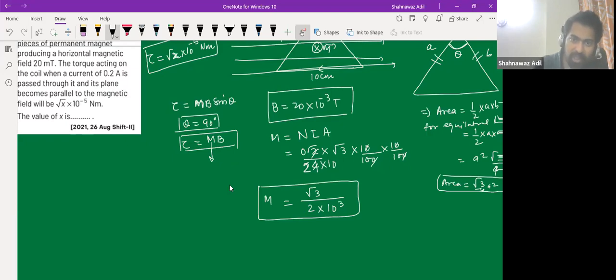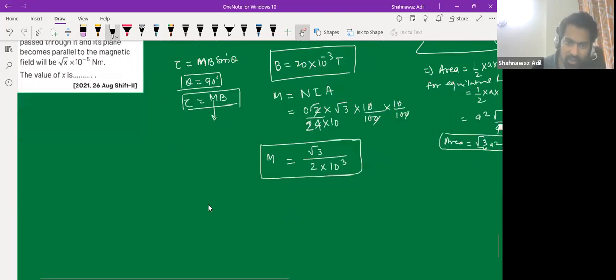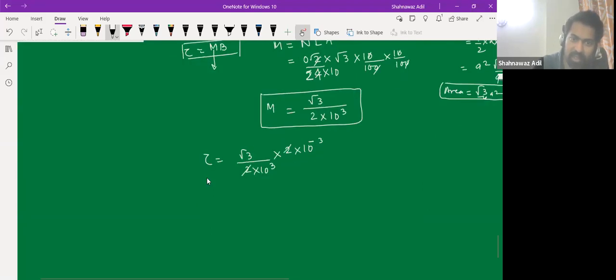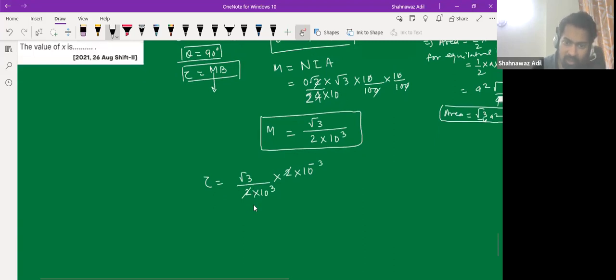If we put this value in here, what will we get? We'll get root 3 divided by 2 into 10 to the power 3 into 2 into 10 to the power minus 3, right? So this 2 and this 2 will cancel and we will get how much? This is root 3. Did we miss out something?